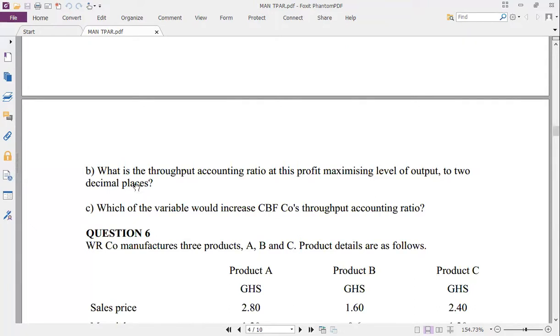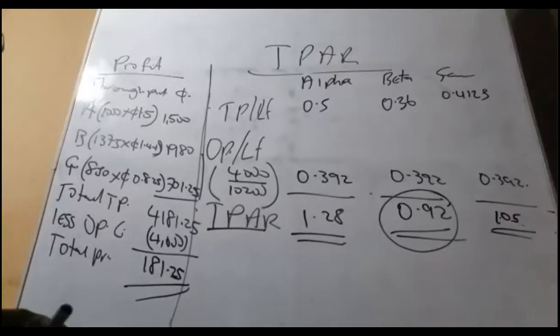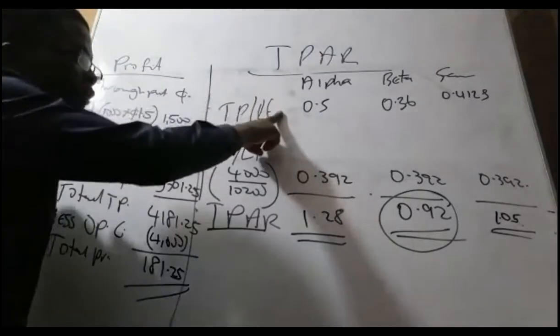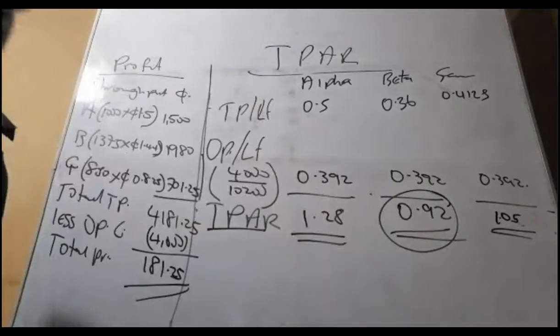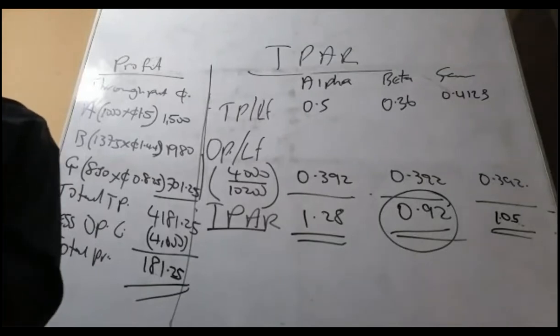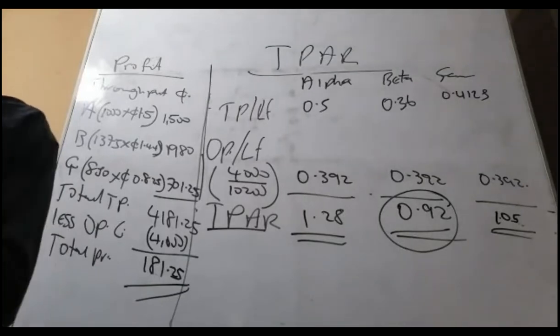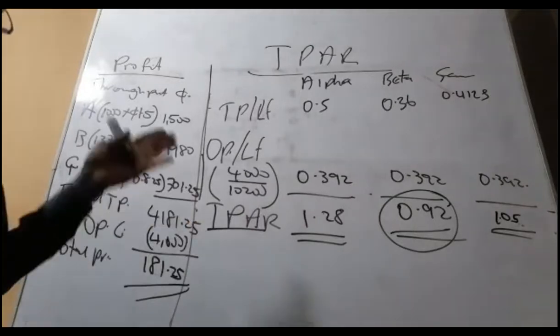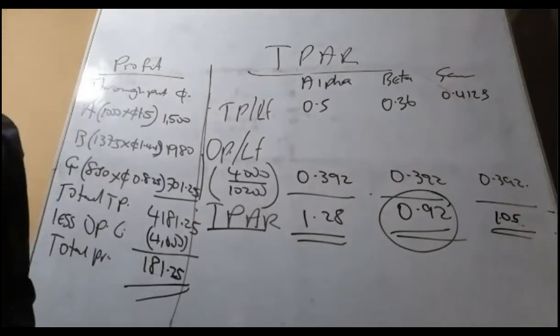Okay, so let's start again. They need the throughput accounting ratio at this level, right? So for the throughput accounting ratio, all we need is what? We need throughput per limiting factor and operating cost per limiting factor. But here the only issue is that the limiting factor has been changed to what? Packaging. So therefore we have to calculate the throughput per limiting factor again.